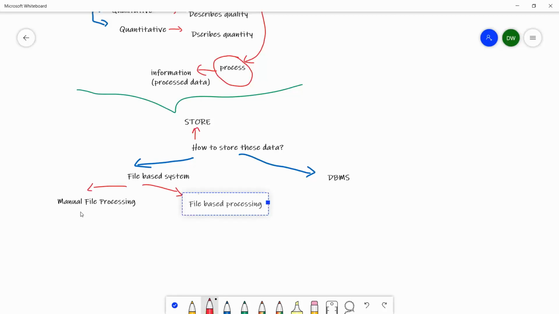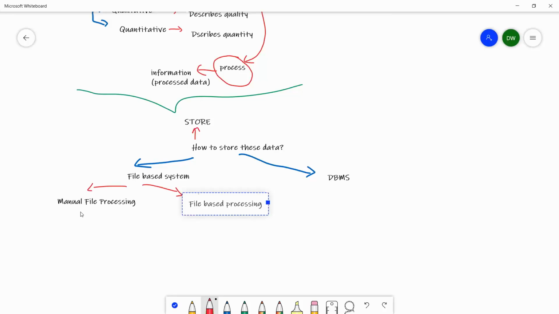What we call manual file processing is, if you want to store some data, you can write it on a paper and you can have a separate file for that and keep it with you, right? Even now, everybody has that kind of documents. We have documents which are recorded manually.